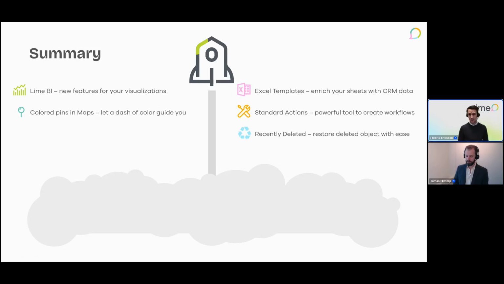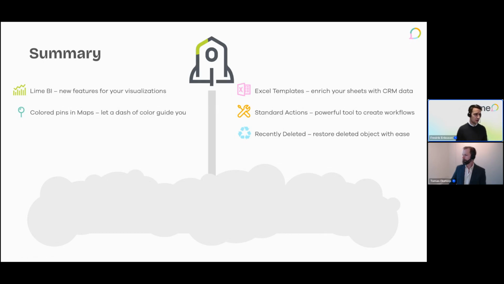We took a look at standard actions, where you can do things that are more than just standard, and you can do it yourself. Is maybe the most important takeaway there. You can add those little buttons that really can help you in your processes and can really help you increase the quality of your sales reps or customer support persons work in their CRM to get more out of it.